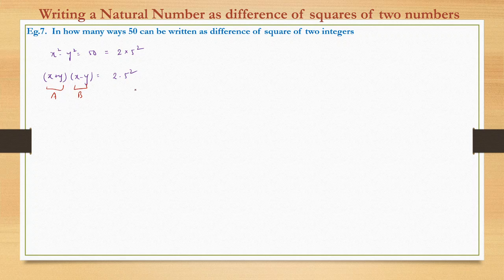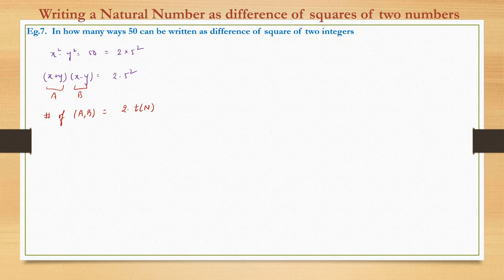It can take both negative and positive values. So basically it boils down to writing 50 as a product of two integers. So what can be the number of a, b pairs?